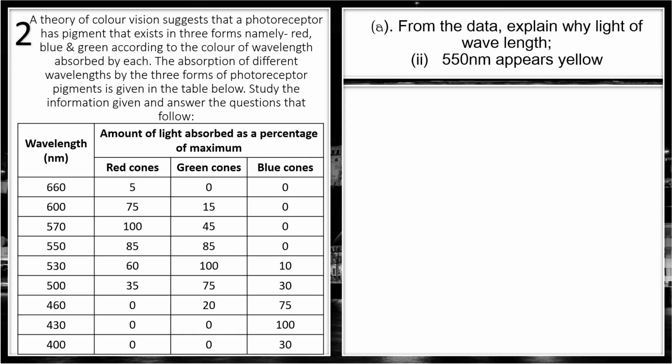From the data, explain why light of wavelength 550 nanometers appears yellow. So when we look at 550 nanometer, this light appears yellow.